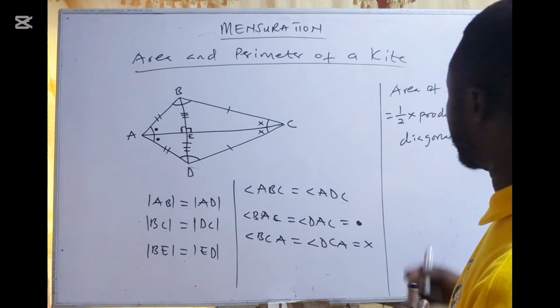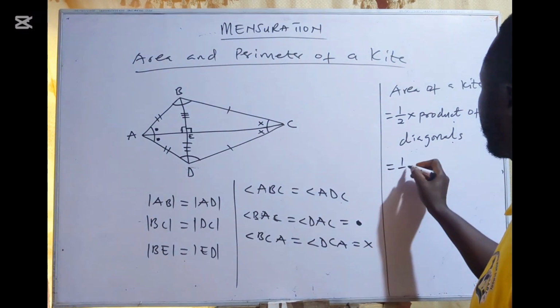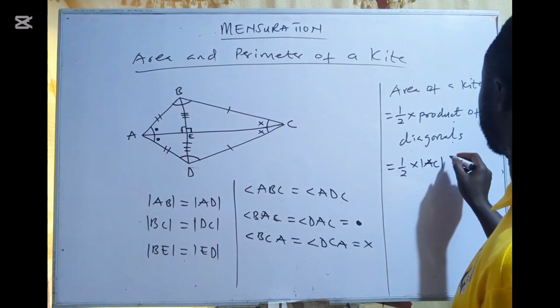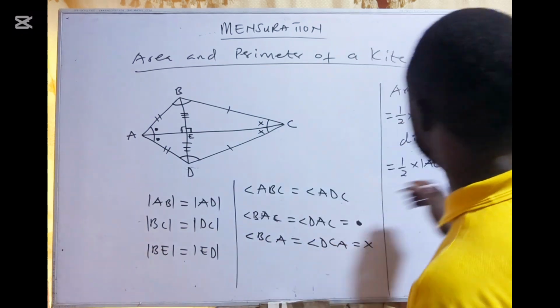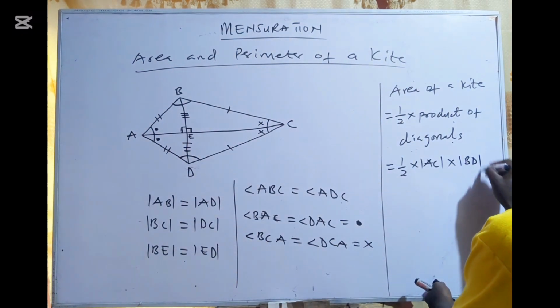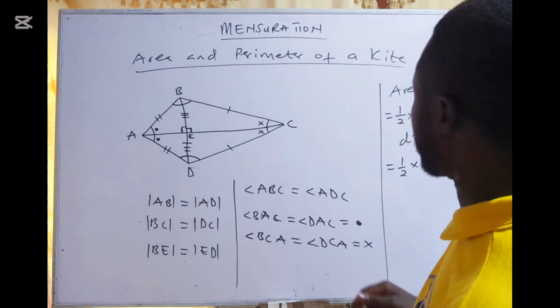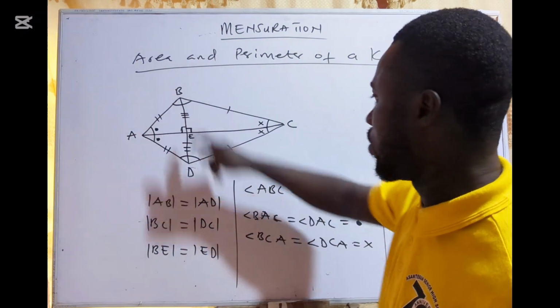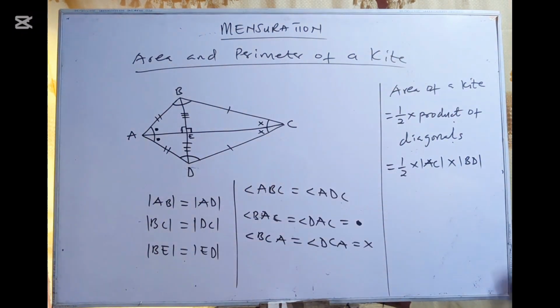So what are the diagonals? The AC and then the BD. So it is half times the whole of AC and the whole of BD. That is the area of a kite.